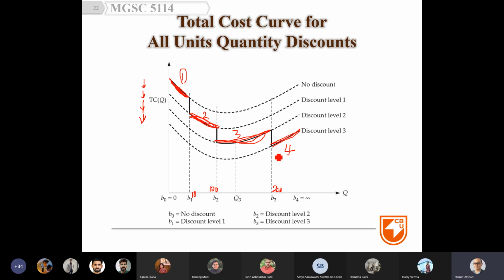Definitely, if I just want to say attractive, this one is more attractive, yeah? Everybody agrees? Because we have more discount, yeah? So I would like to purchase in this range. But the discount is not the only criteria that I decide to purchase. There is other criteria as well. What is the other criteria?